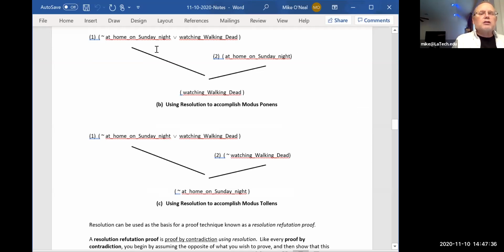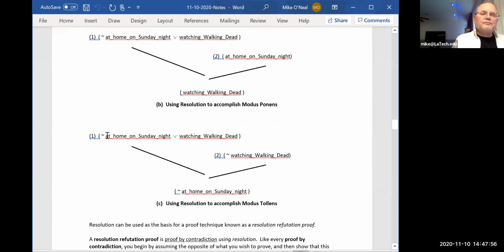Here's modus ponens illustrated graphically. Not at home on Sunday night or watching Walking Dead, and at home on Sunday night. The negated clause and the non-negated version of that clause cancel, and you're left with watching Walking Dead, which was modus ponens.